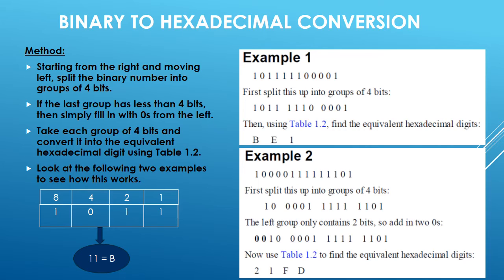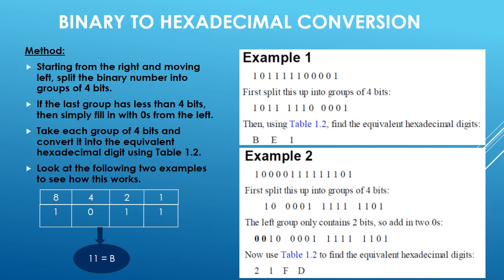The very first one is 1011. If we put binary notation on this, 1, 2, 4, 8, and add the binary notations which have the value 1, we get the equivalent hexadecimal number, which is B.